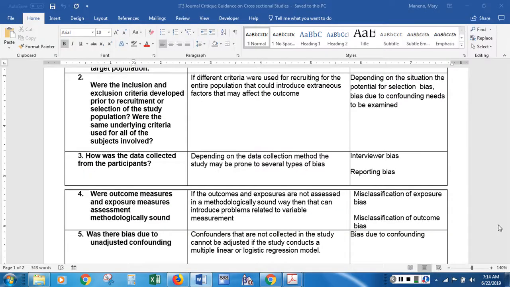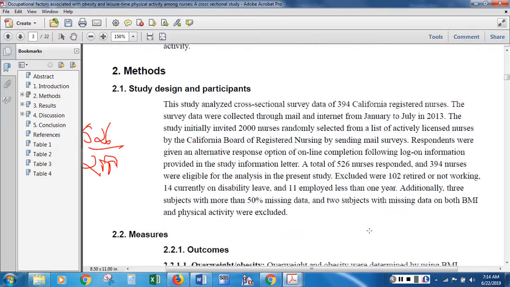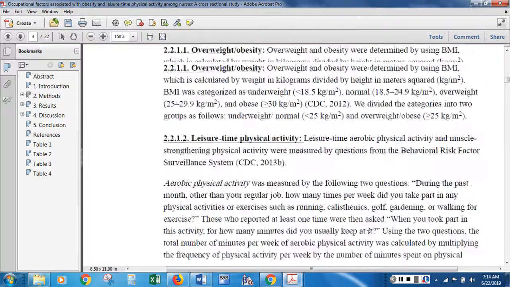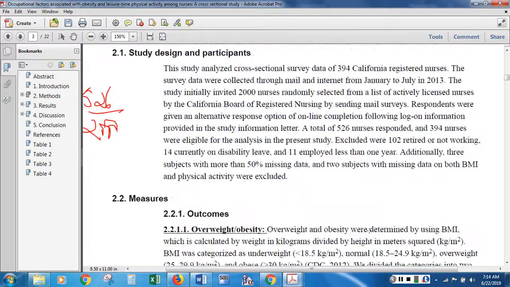Question 3. How was the data collected from the participants? So let's turn to the article. Okay. How was data collected? So in looking at the study design section, we can see that mail surveys were sent here.